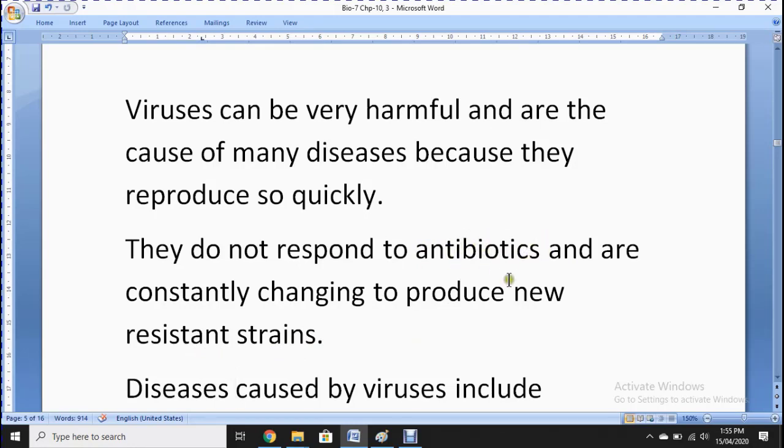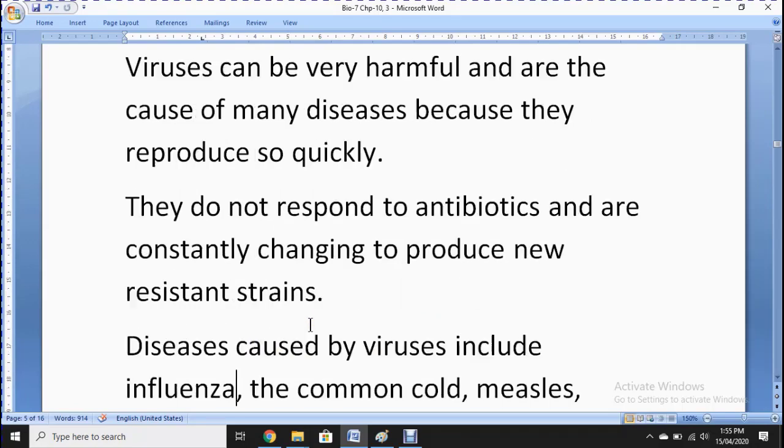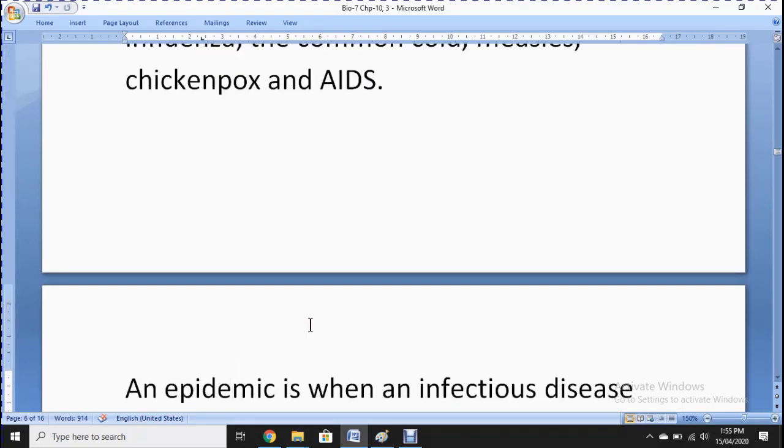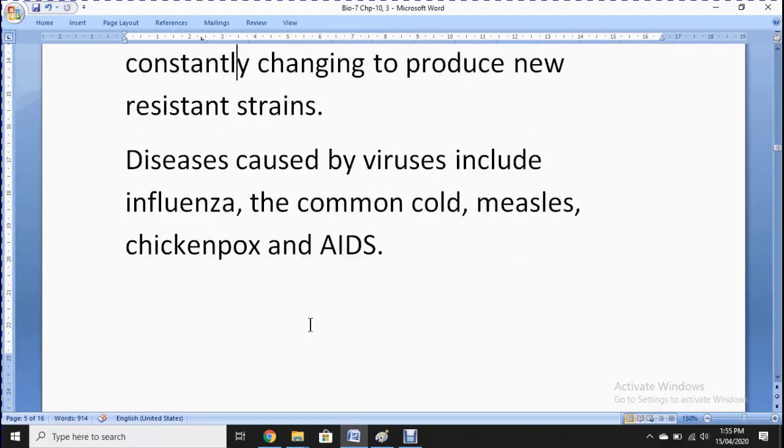And second, if a few medicines do affect them, they have the ability to change their strain and resist the medicine. Diseases caused by viruses include influenza, the common cold, measles, chickenpox, and AIDS. These are the diseases that are basically caused by viruses.